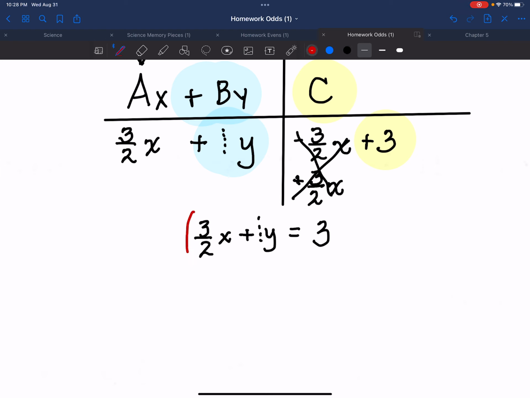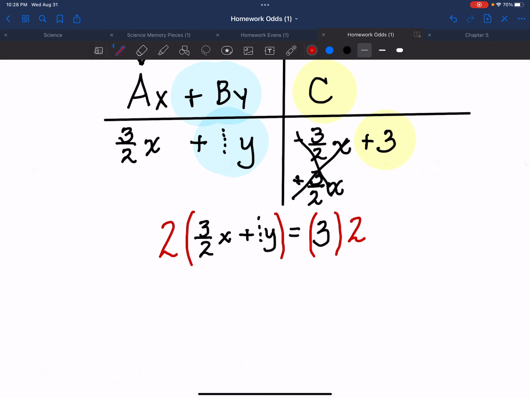So I'm going to multiply, and let's stop for just a minute and talk about why it's multiply. The way it's written, it's 3 divided by 2. The opposite of divide 2 is multiply 2. You have to do it to both sides if you're going to use this method. You can't just do it to one.